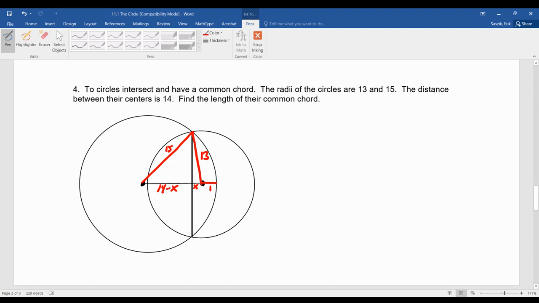Now, I'm going to call this y. This is going to be perpendicular. I created this triangle up here. I could have also created the triangle down here.